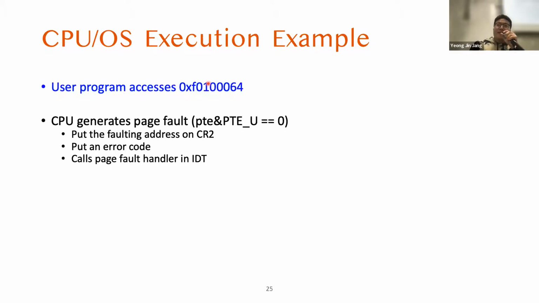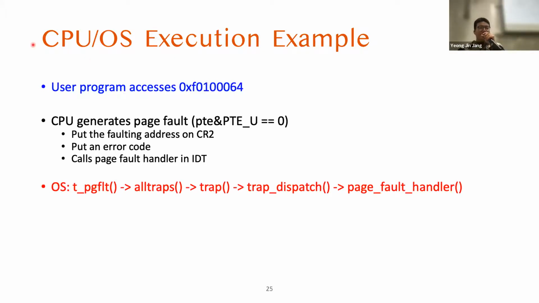So how that execution goes is that, in the OS, the CPU will call the page fault handler in the IDT, that's the T_PGFLT, and then that will call alltraps, which goes to trapdispatch, and in the trap dispatch with the switch case handler, you will call the page fault handler for that.